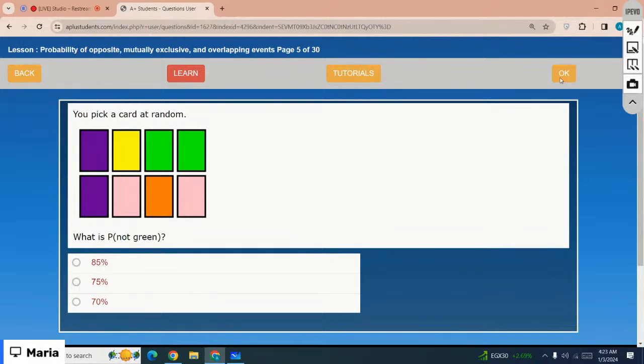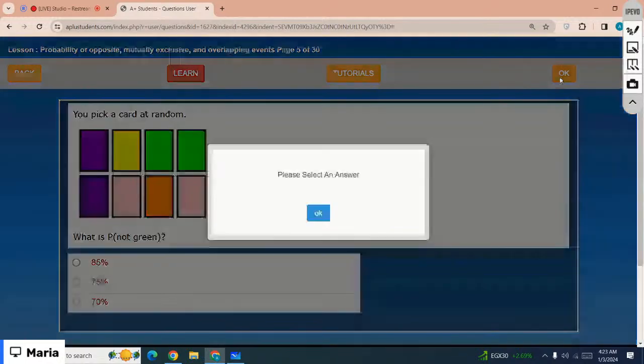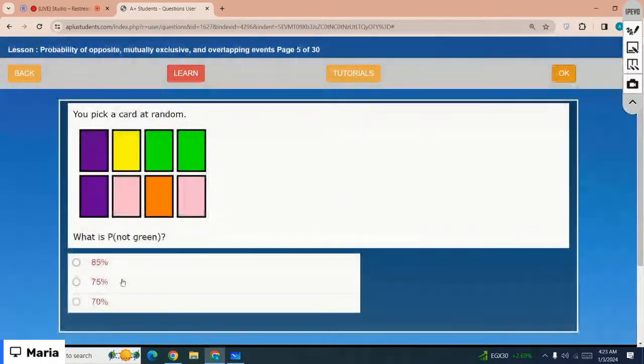That is, you have 6 divided by 8 times 100, right? So the correct option is 75%. Option number 2 is the correct option.